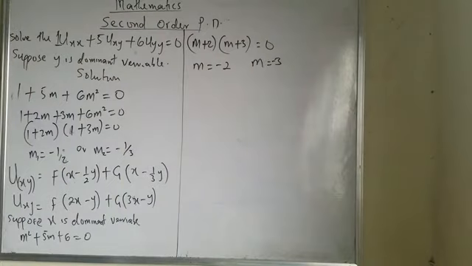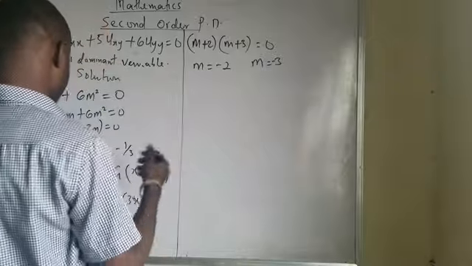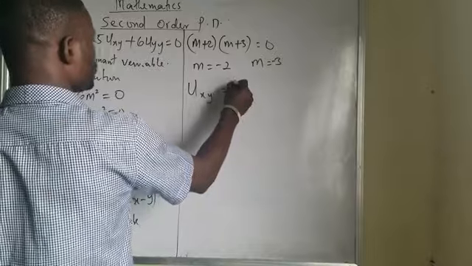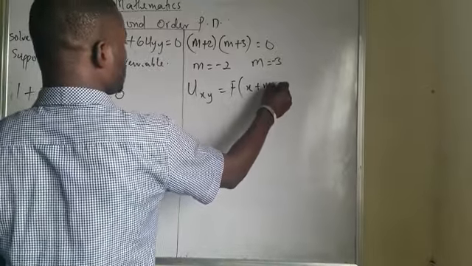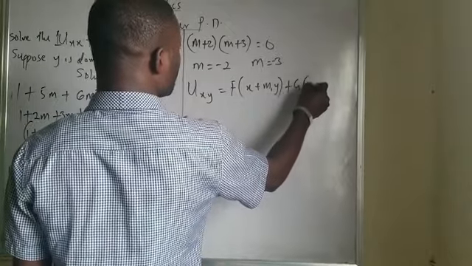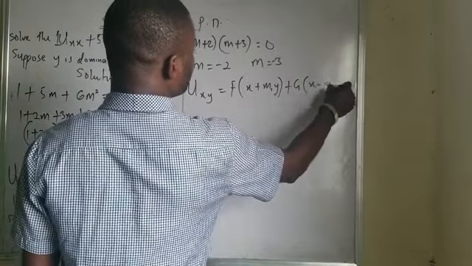Now, it means I will proceed with my m as this, which is u of x, y equals f of x minus m1y plus g bracket of x minus m2y.